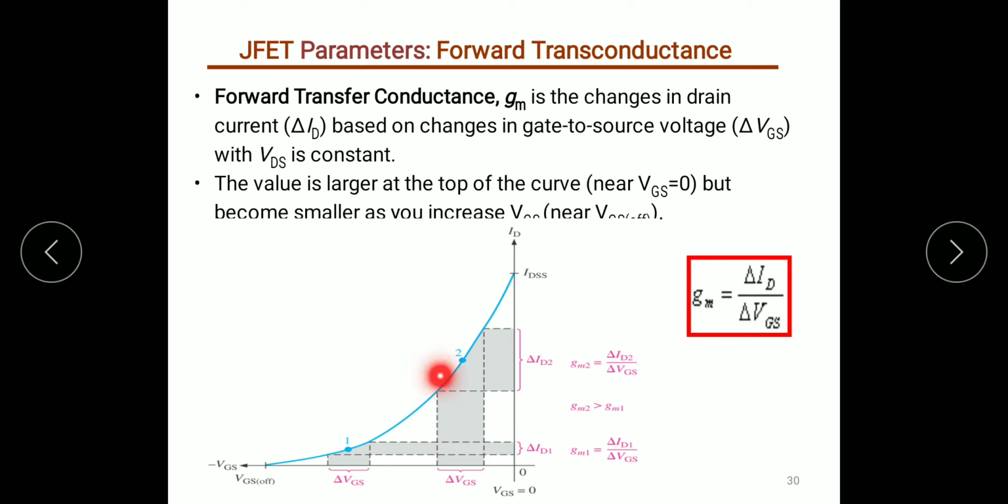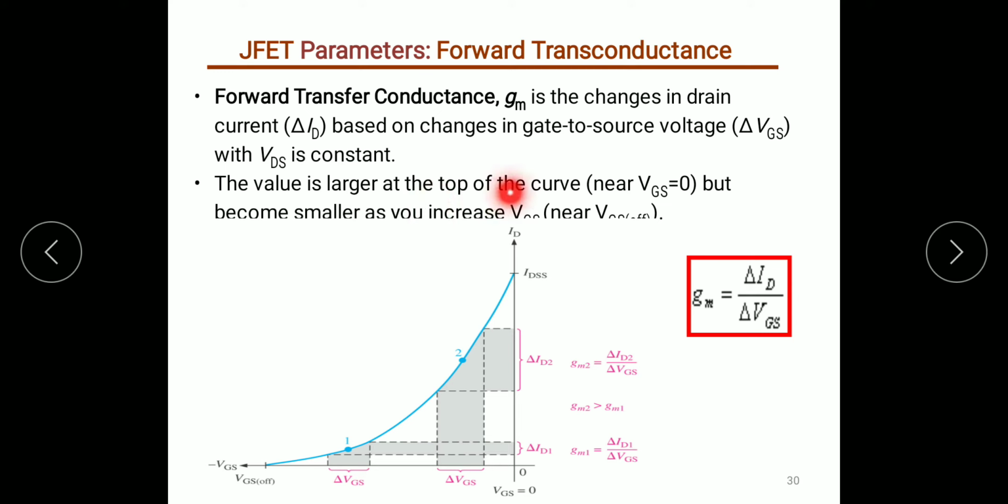That means we take any 2 points on the curve and compute I2 minus I1 divided by VGS2 minus VGS1. This difference that we plot, that ratio is the conductance. It is denoted by GM, and it is a specific value or JFET parameter.